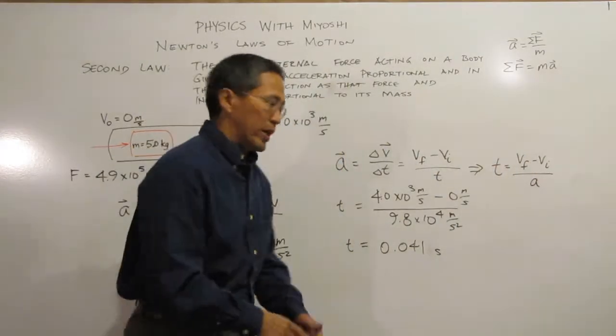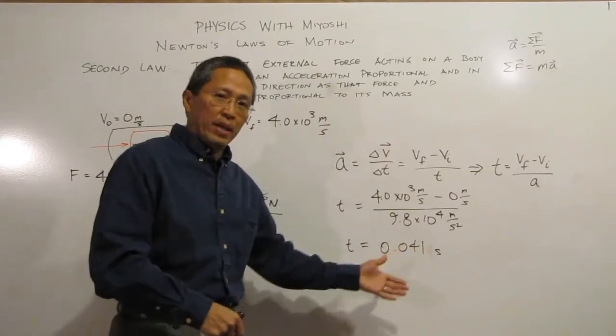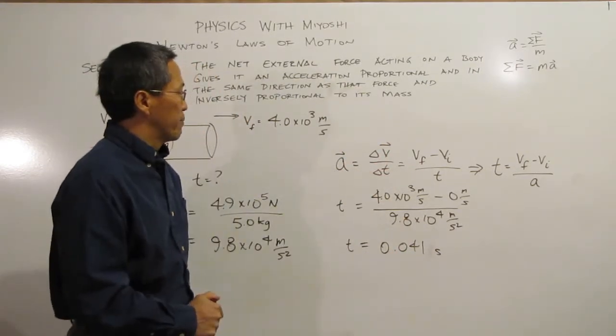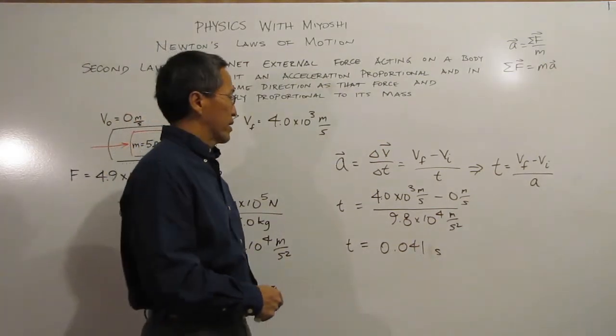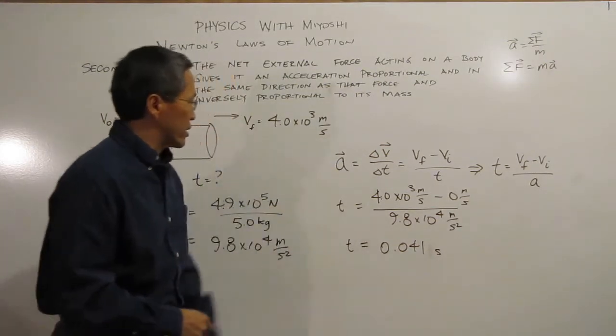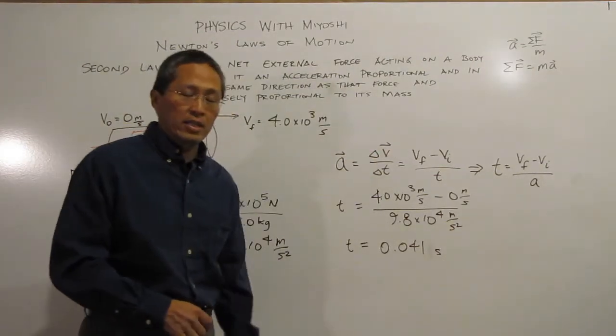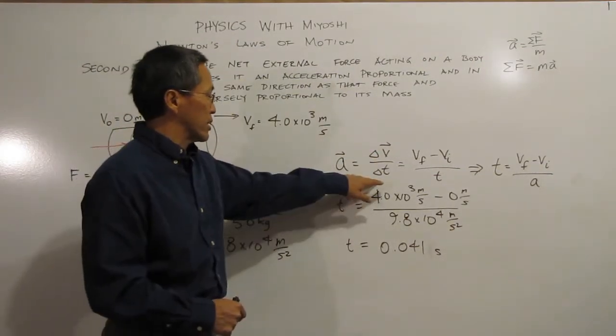Then we got to go back and remember those kinematic equations. Yes, you're going to remember those for a long time because we're going to use them over and over again. So here we go. We know that our acceleration is one of our basic formulas: acceleration is our change in velocity divided by our change in time.